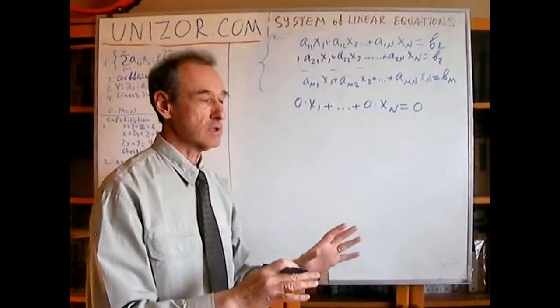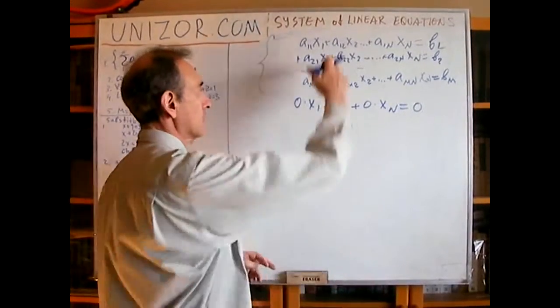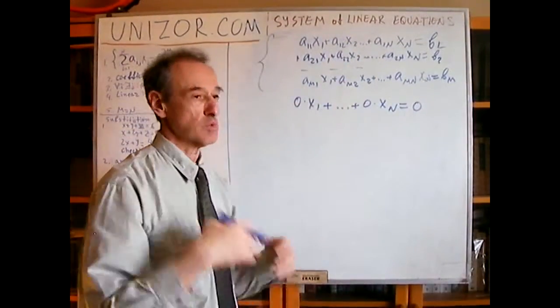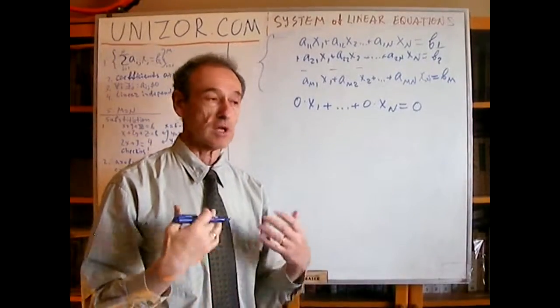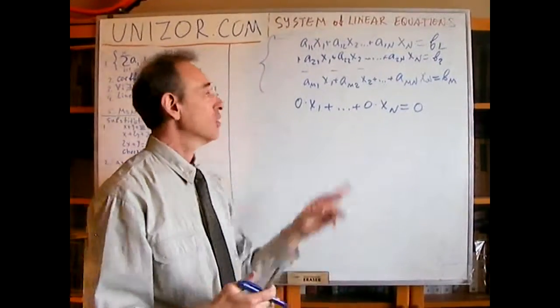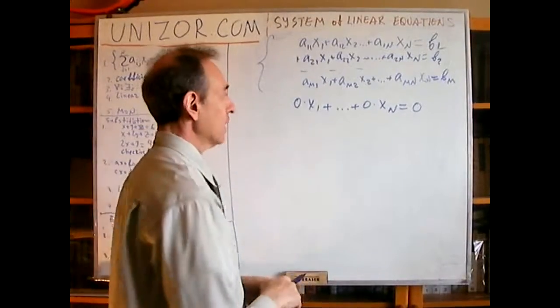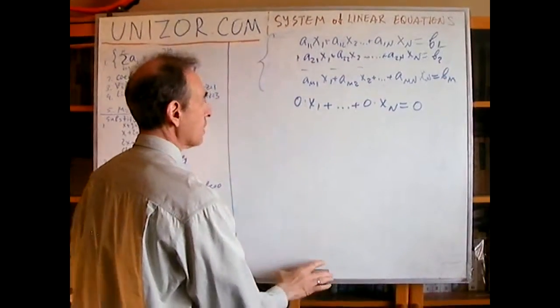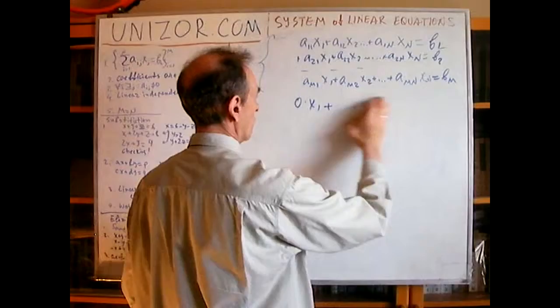So we always assume that among these equations, which constitute a system of equations, we do not have this case. So in each equation, at least one coefficient is not equal to 0.